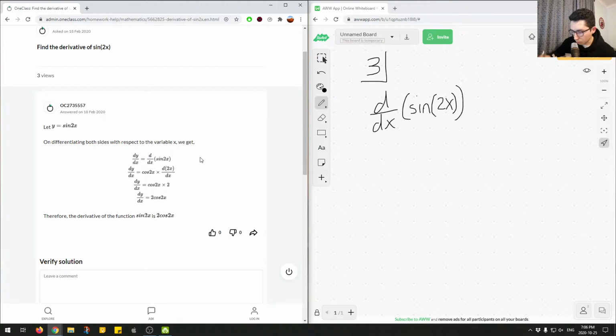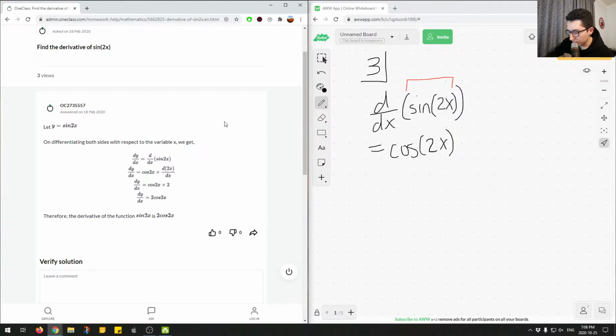I'll go through this one step by step. We said that we take the derivative of the outside. I'll highlight that. The derivative of sine x is cos x, so we end up with cos 2x. You keep everything inside the brackets the same.